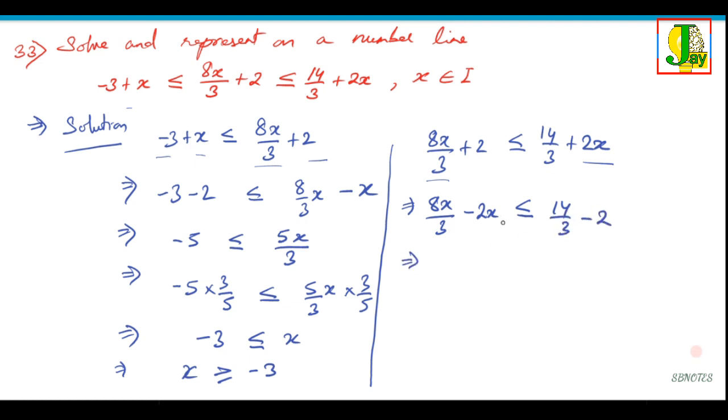So that's LCM अगर 3 लेंगे, so 3 into 2 6x, 8x minus 6x is 2x, and here अगर LCM लेंगे तो 3, again 3 2 is 6, so 14 minus 6 8.